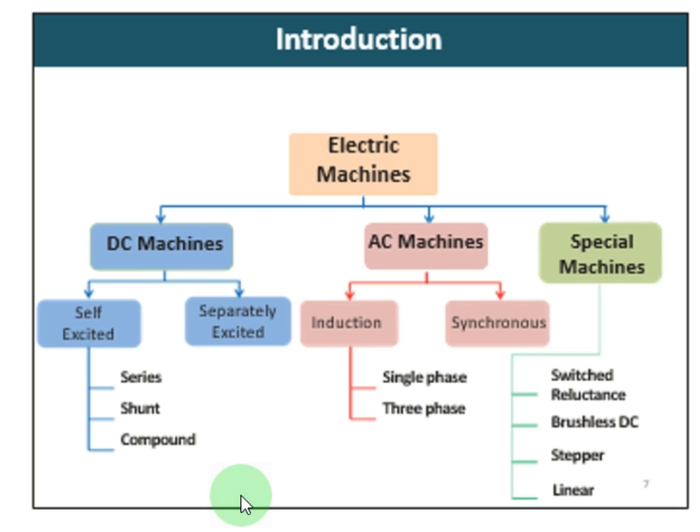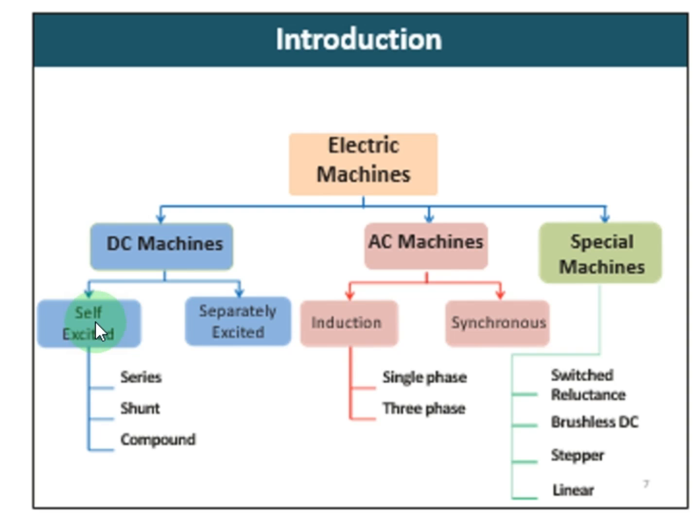Basically, if I show you the varieties of electrical machines in one single slide, this is a good demonstration of that. You have electrical machines of three types: DC machines, AC machines, and special machines. DC machines can again be divided into two categories: self-excited and separately excited. We will talk about each type in detail later.